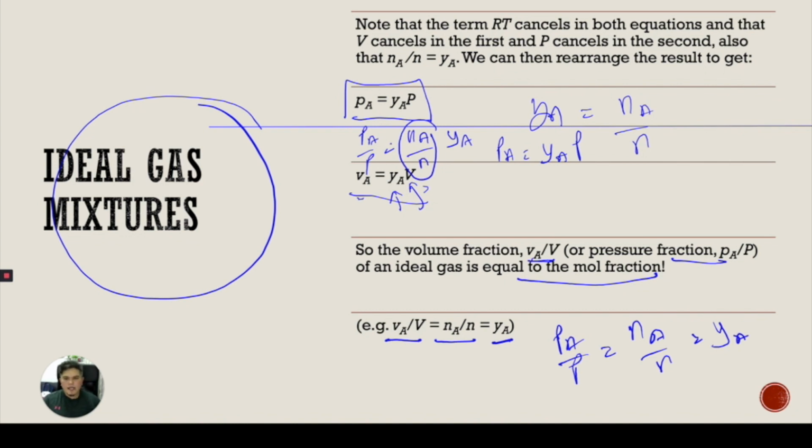That is very important for us to know. These are the parameters we can use to estimate the properties inside an ideal gas mixture. These are some of the equations you can use. If you have component B, it's the same thing. So PB equals YBP, and VB equals YBV, sorry.